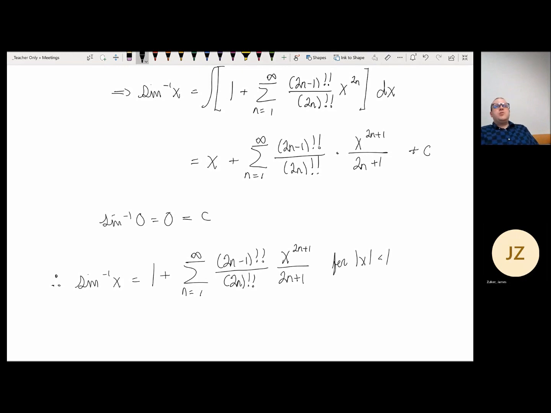And your interval of convergence does not change simply by integrating. And so there is the Maclaurin series for inverse sine of x. Sadly, that does not simplify because of the double factorials. It'd be really nice if I could get rid of that 2n plus 1 somehow.